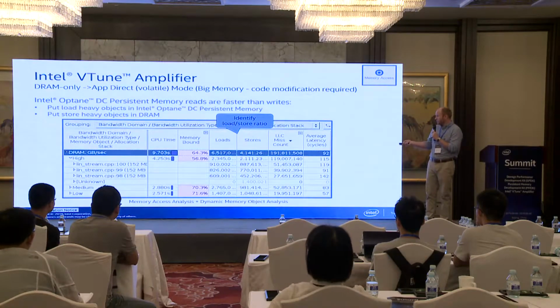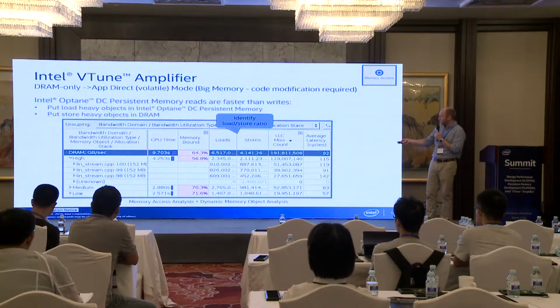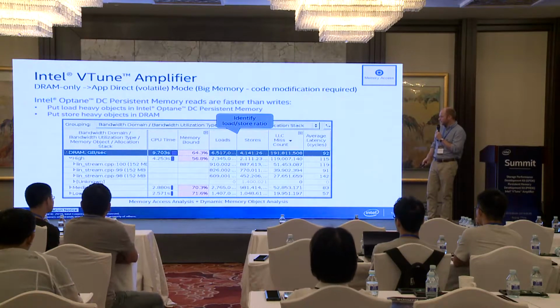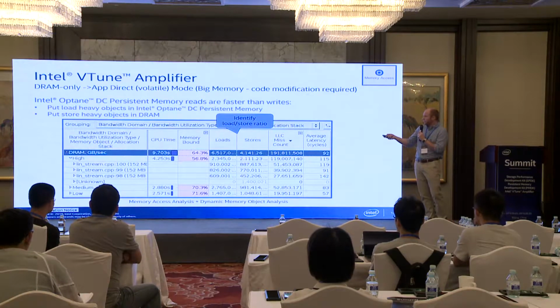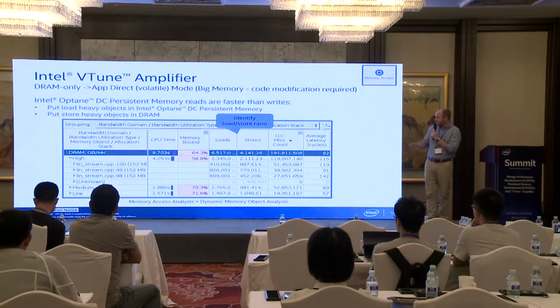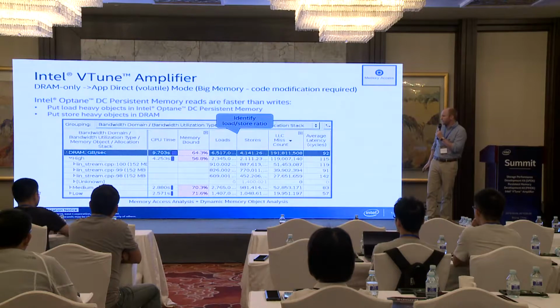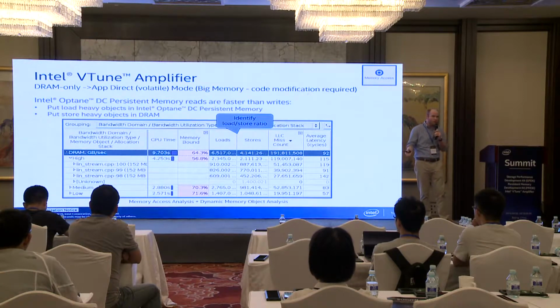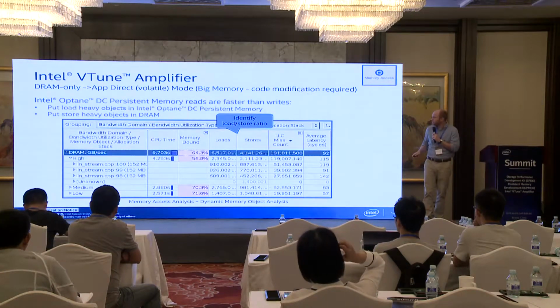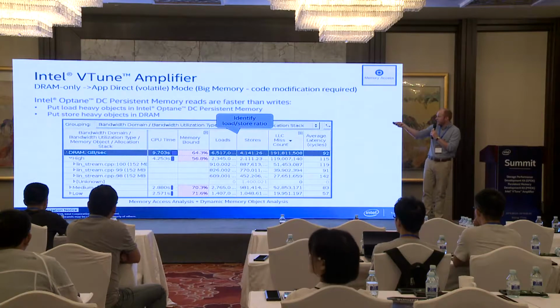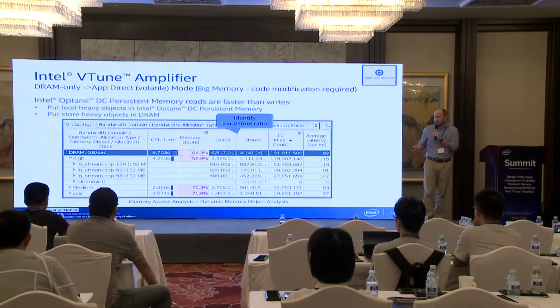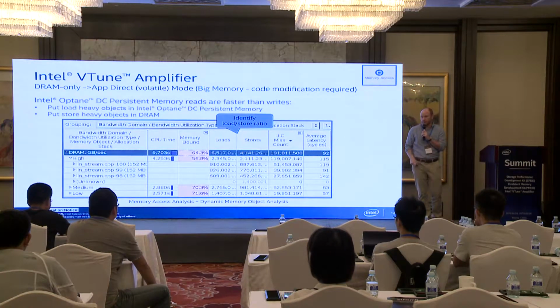I already showed in a previous screenshot that we can calculate those with our tools. So another thing to consider is that you want to put store-heavy objects in DRAM. The store-heavy objects will be affected more by the write latency of persistent memory. The load-heavy objects are better candidates for Optane DC because the load latency is less than the store latency.